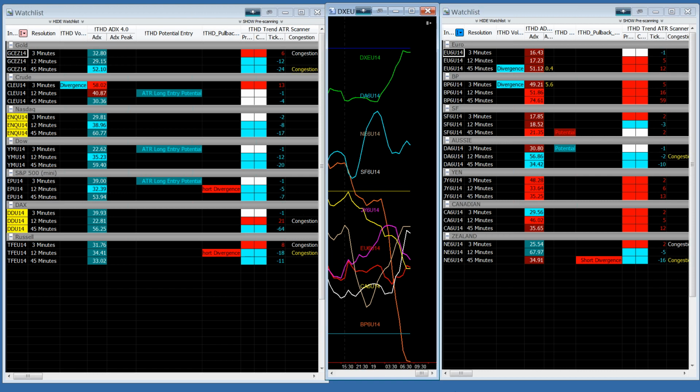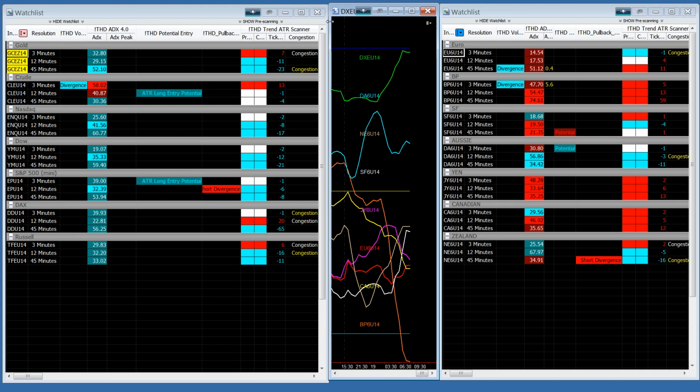But on the higher time frames, it does make a difference. Now, we can create our own symbol for the continuous contract, but I think they should fix it so we shouldn't have to do that. The way I see it, if they can do it in TradeStation and they can do it in NinjaTrader, then we should be able to do it in multi-charts as well. Any questions about that, guys?